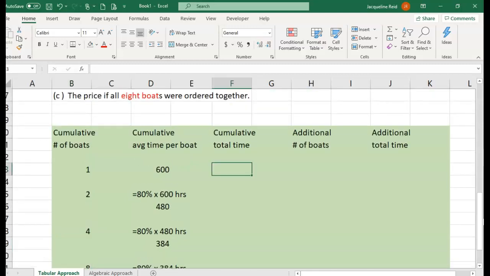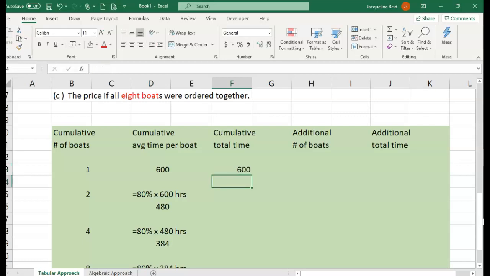Now let's look at the second column. The cumulative total time, if you remember from my PowerPoint, looks at the average time and multiplies it by the number of units, in this case boats. What's the cumulative time when 1 boat is made? 600 multiplied by 1. My coordination is off again.